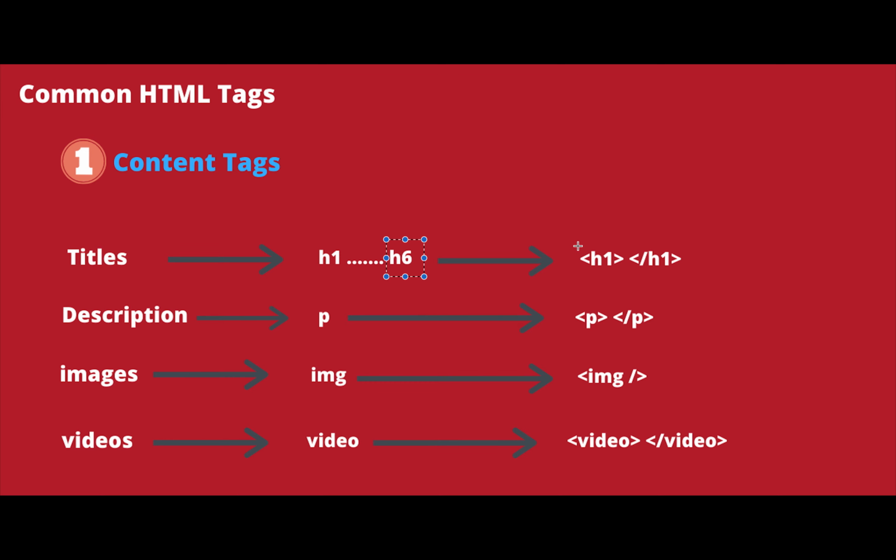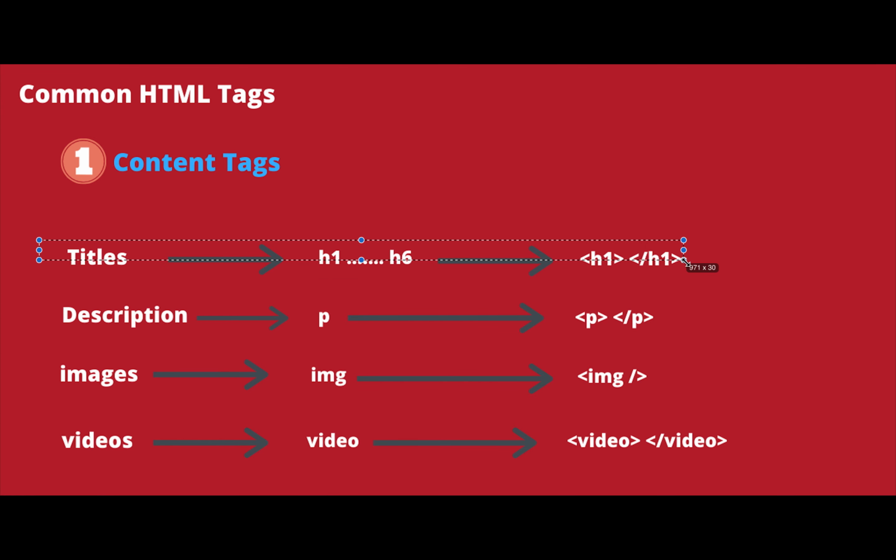So we can use H1 here. As you can see, it is the opening and the closing sign, or the greater than and smaller than sign, and between these two signs we can add the tag name. In this case it is H1, and we have to close it using this syntax right here. So as you can see, we can do a similar thing by using H2, H3, H4, and so on.